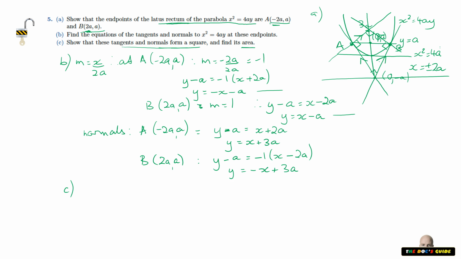So if we have a rectangle which has diagonals of equal length, 4a, they will intersect each other and they'll pass through this point here. They're all the conditions we need to show that this is a square.